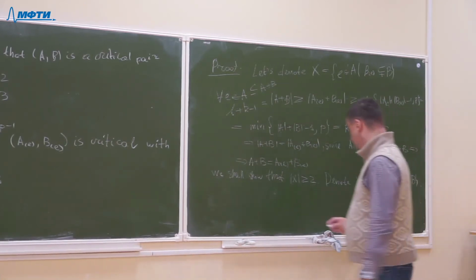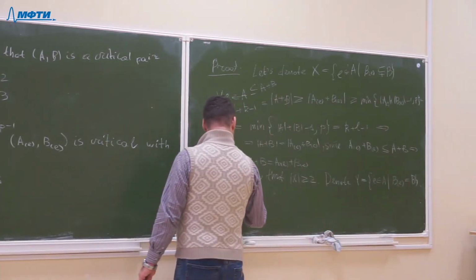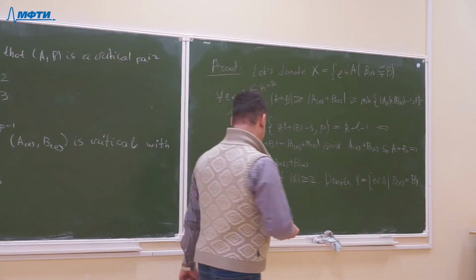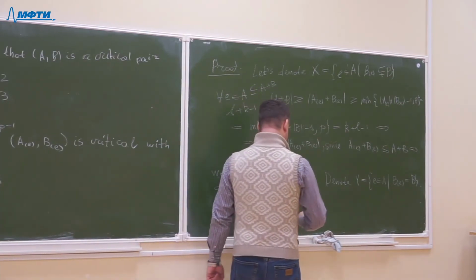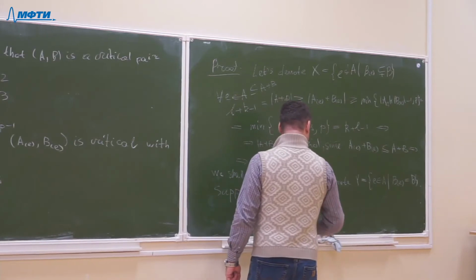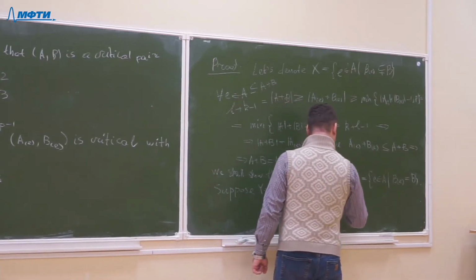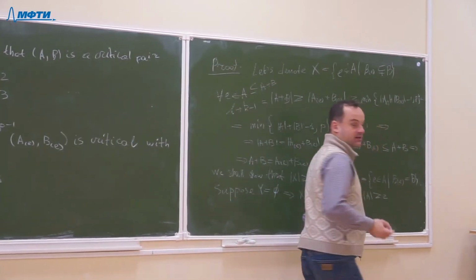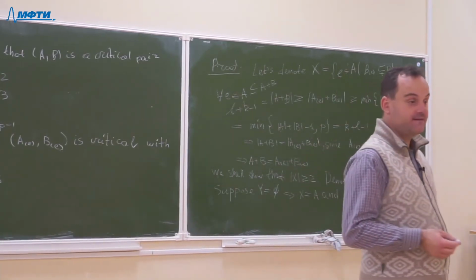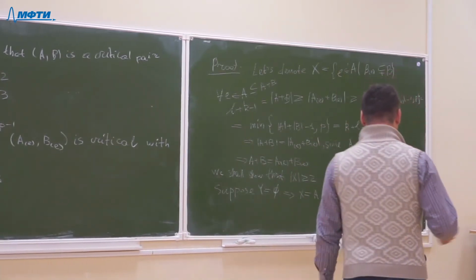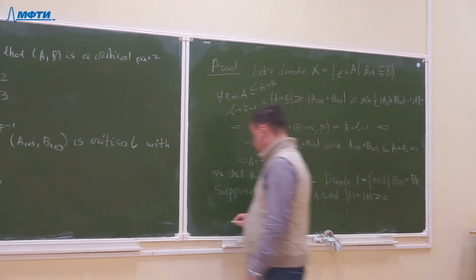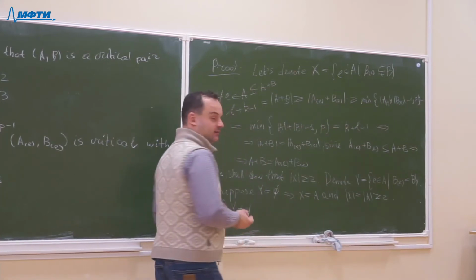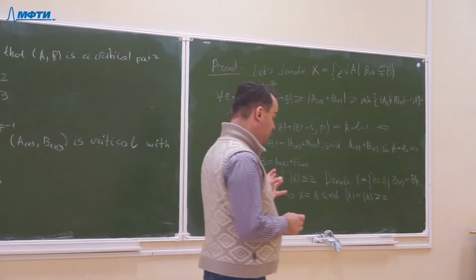So suppose Y is empty, then X equals A, and the cardinality of X is the cardinality of A, which is at least 2 by conditions, right? So if Y is non-empty, then what can we claim?